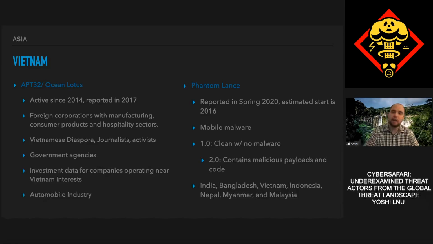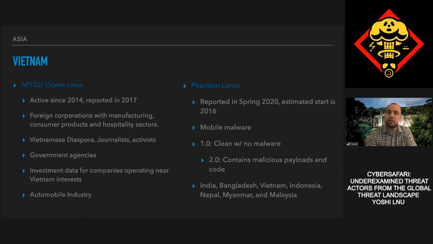So when we talk about Vietnam, it's also important to talk about Phantom Lance. Phantom Lance was just reported a few months ago and does share some overlap with Ocean Lotus. Kaspersky estimated that they've been active since 2016. They serve as mobile malware. And one interesting thing that they do is when they first upload malware to the Play Store, it's clean. So it's just a regular app.